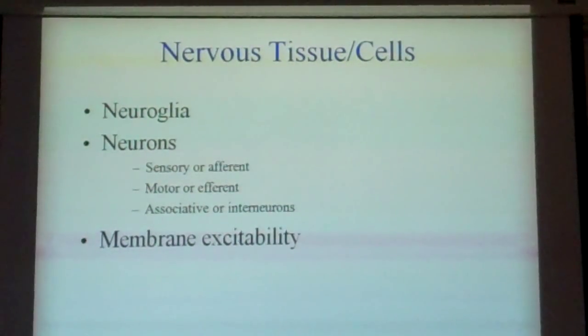With muscles we talked about the antagonist. Well, in neurons it's sensory, and the opposite of that one would be motor. If you're going to move, that's a motor neuron. If you're going to sense something, that would be sensory or afferent. We're going to also talk about afferent and efferent.